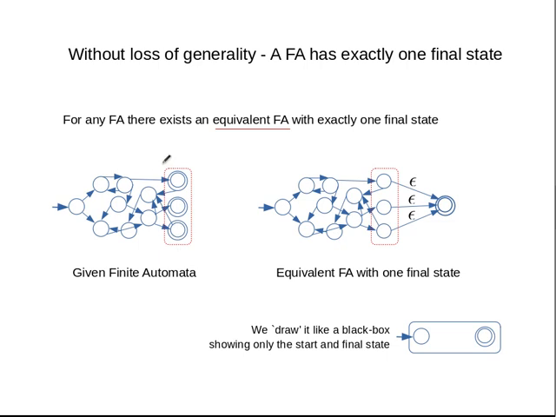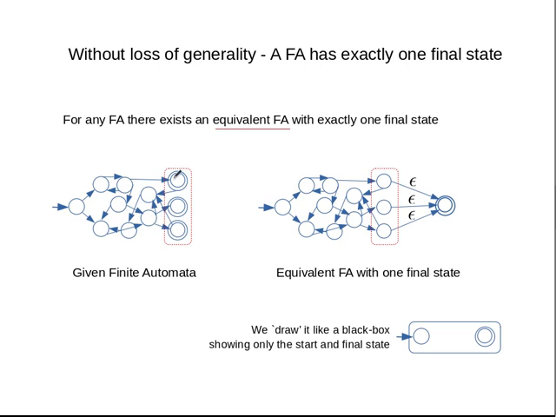Now, first you notice that if you have a finite automaton for a regular language, any finite automaton, and you have a set of final states, you can have multiple final states, then you can construct another finite automaton like this.